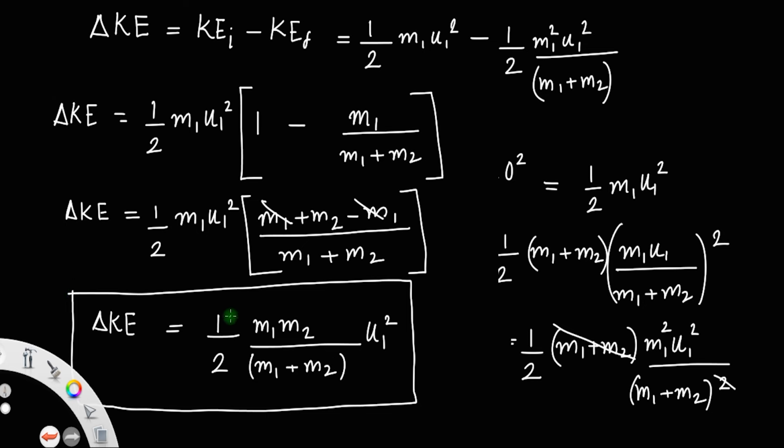Interestingly, you will notice that the mass will never be negative. So the half is always positive. m1 is positive, m2 is positive. Obviously, m1 plus m2 is positive. Also, the square of any term will also be positive. So delta KE is a value which is always greater than 0.